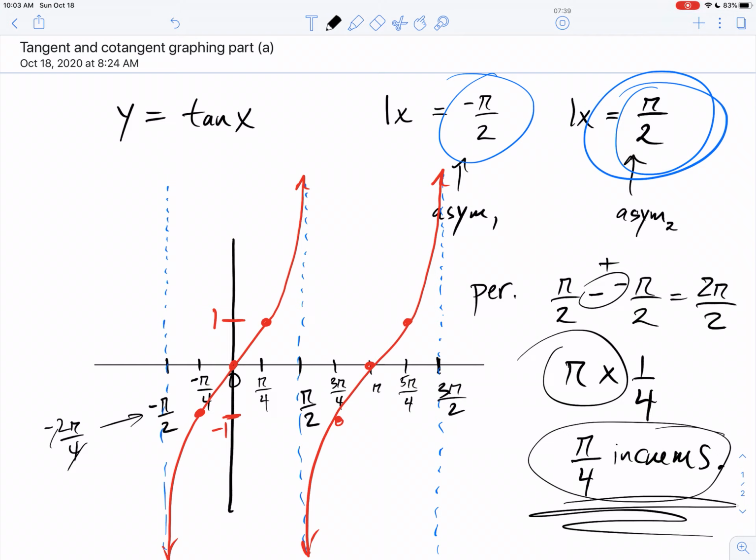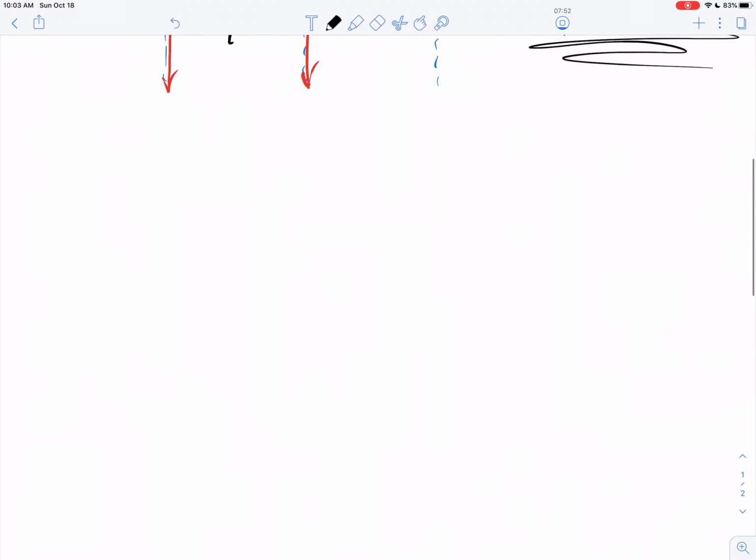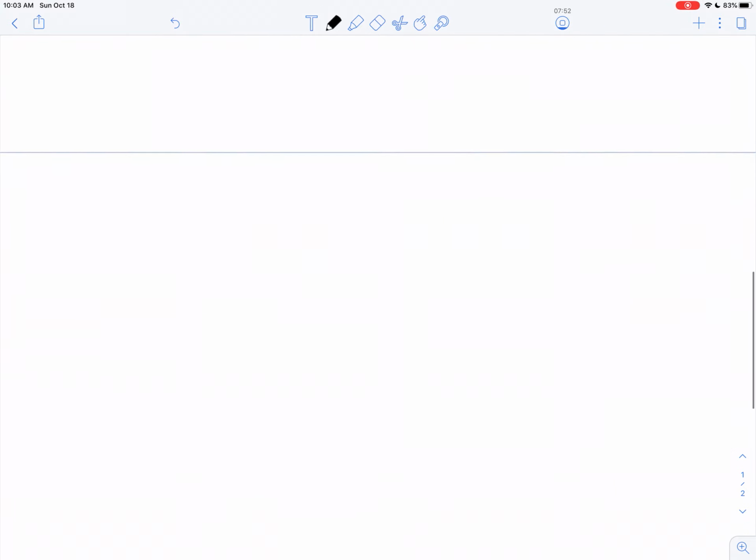All right, now let me go through one more tangent graph, because once you got the rhythm of tangent, it stays the same. And then cotangent is similar but not the same. Since these are the only functions that are like this, tangent and cotangent, I waited and did these at the end, because with all the other graphs, if you can graph sine, you can graph cosecant.